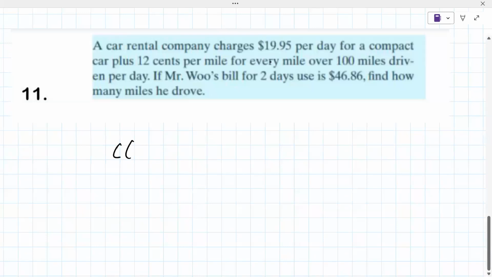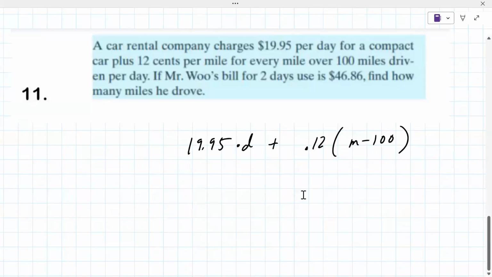So the cost as a function of miles here is 19.95 per day. Okay, so actually we need to add in another variable here. So let me do this differently. It's 19.95 times the number of days plus 12 cents for every mile driven over 100.